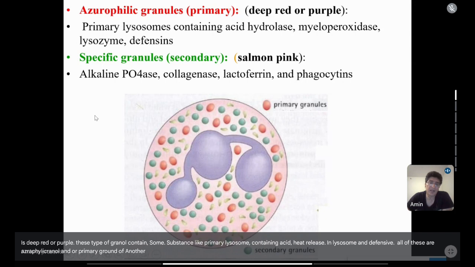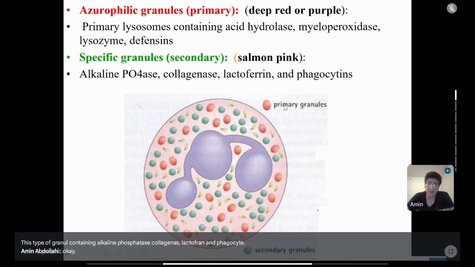Another type of granule is specific granules, or secondary granule. The color of this type of granule is salmon pink. This type of granule contains alkaline phosphatase, collagenase, lactoferrin, and phagocytin.